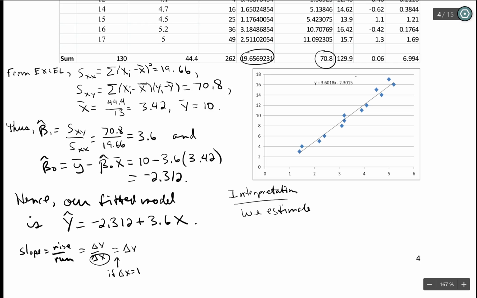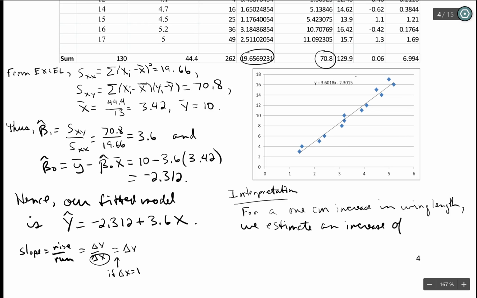For a 1 centimeter increase in wing length, we estimate an increase of 3.6 days.